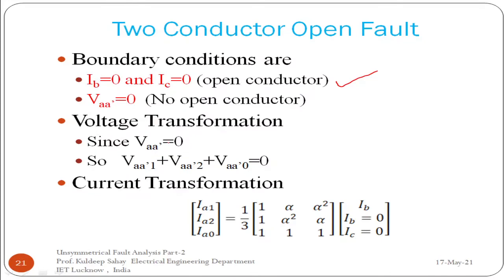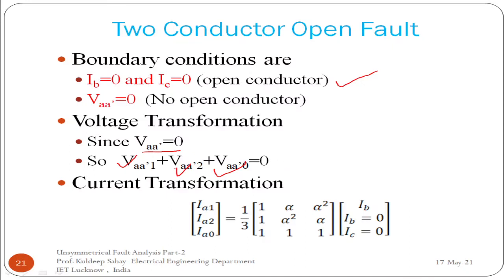Since VA dash equal to 0, as we know by the Fortescue theorem, VA dash is equal to its positive sequence component plus negative sequence component plus zero sequence component, and this VA dash equal to 0 on the circuit condition, so that sum will be equal to 0.